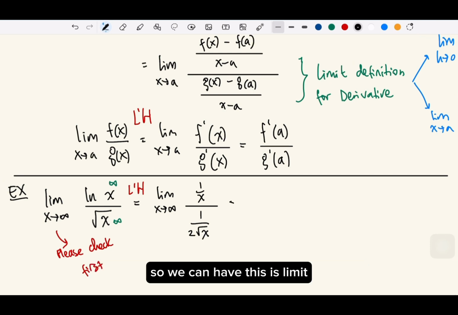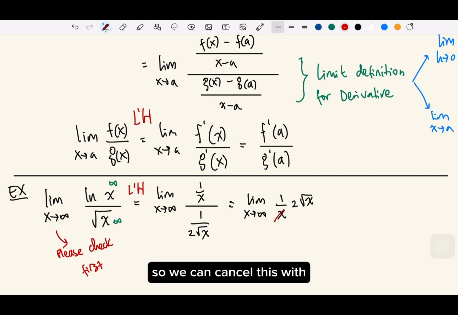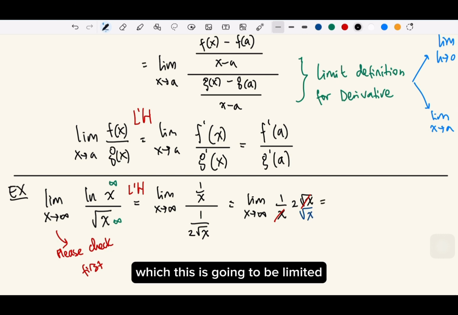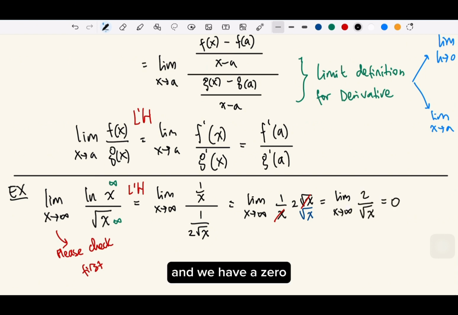So we can have this limit, so we can cancel this, and then we have the square root of x there, which is going to be the limit, and we have 0.